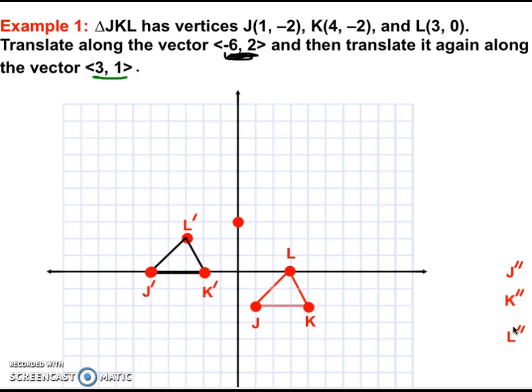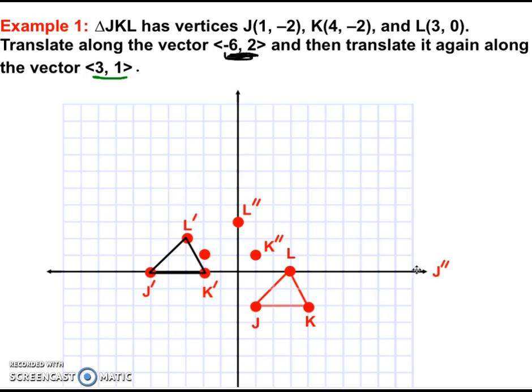Now I have to call this L double prime because I have to distinguish it from the other triangles. I'll take the K, move it 1, 2, 3 units, and then 1 unit up. That is going to be my K double prime. And then I'm going to do the same thing with my J prime. 1, 2, 3 units to the right, and 1 unit up.